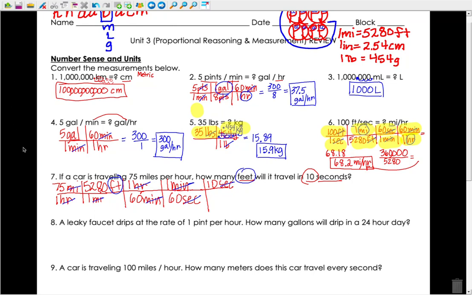Now I'm going to multiply through the top. 75 times 5,280 times 1 times 10 over 1 times 1 times 60 times 60.